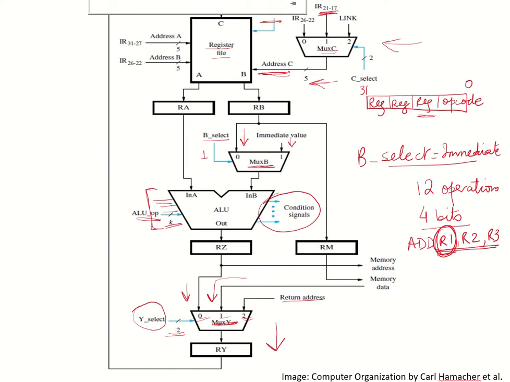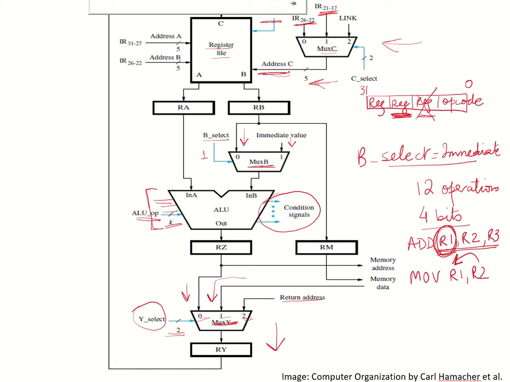Had this been a 2 address instruction like move R1, R2, where the contents of R2 have to be moved into R1, then this would have been the destination address, and so bits 26 to 22 would specify the destination address, and multiplexer C would choose that address.